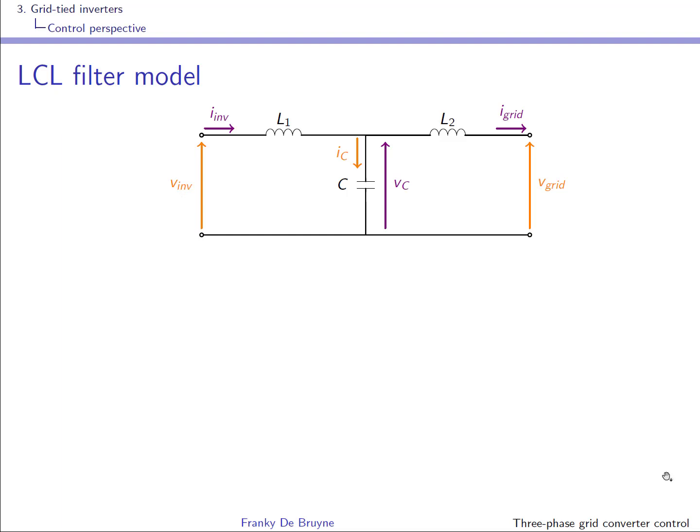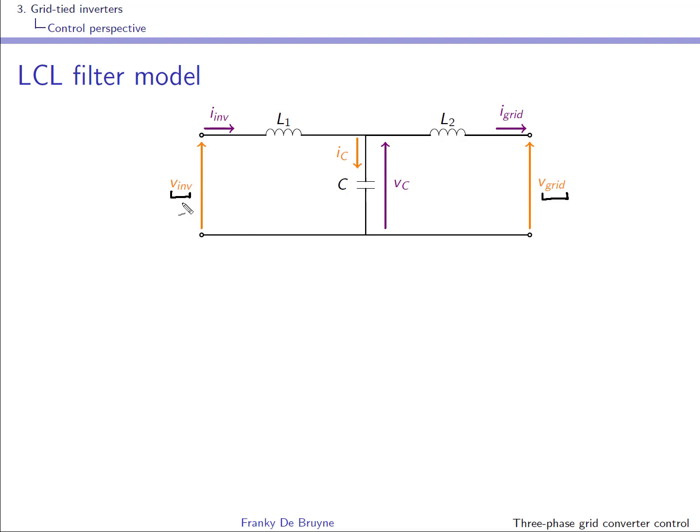The part of the model that involves the LCL filter is one that you know very well because it has been used as an example during the state space control problem. So the two inputs are indicated here, Vinv and Vgrid. They are indicated in orange. They are inputs.